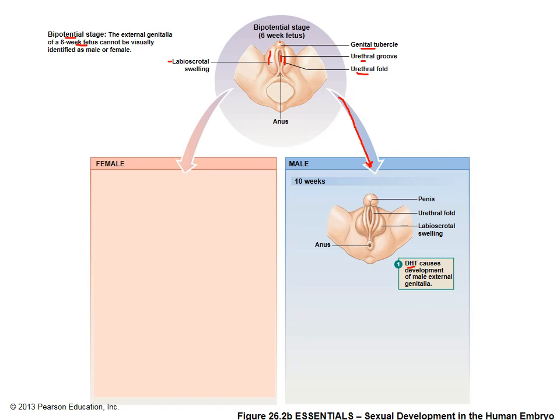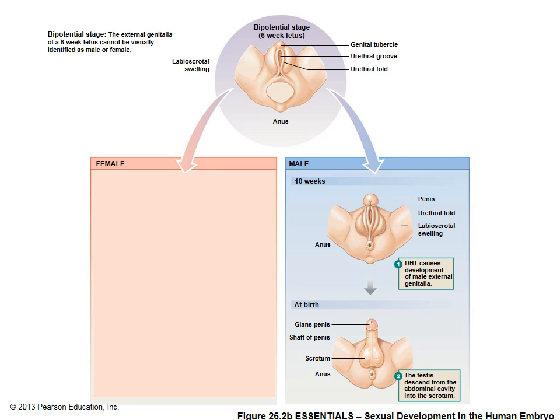And DHT is mainly responsible for the development of the male external genitalia. So it's dihydrotestosterone which controls the differentiation of the external genitalia to take on male characteristics. So it causes the masculinization of these bipotential external genitalia.